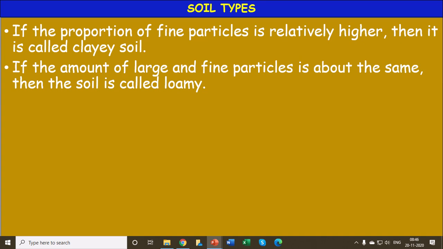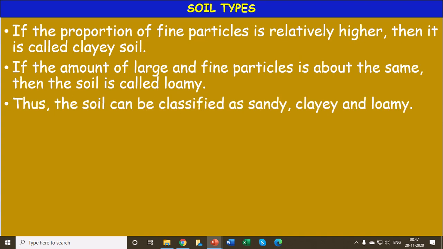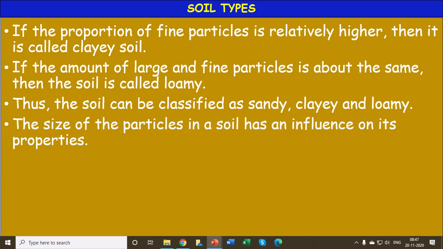This loamy soil is a unique soil for the growth of plants, because it is in equilibrium, containing small particles and large particles in equal proportion. Thus, the soil can be classified as three main types: sandy soil, clayey soil, and loamy soil.